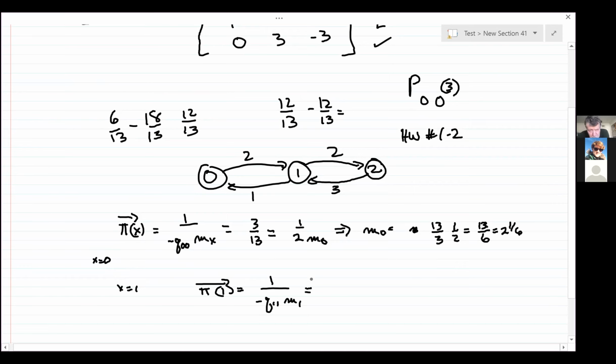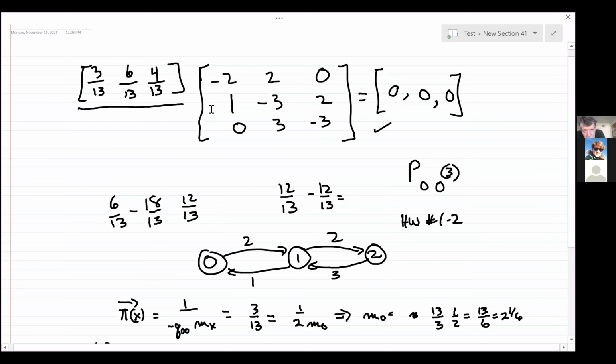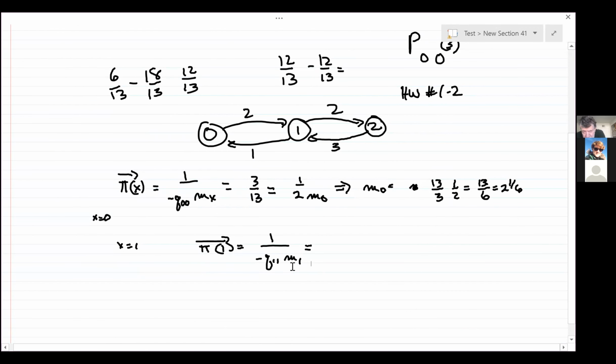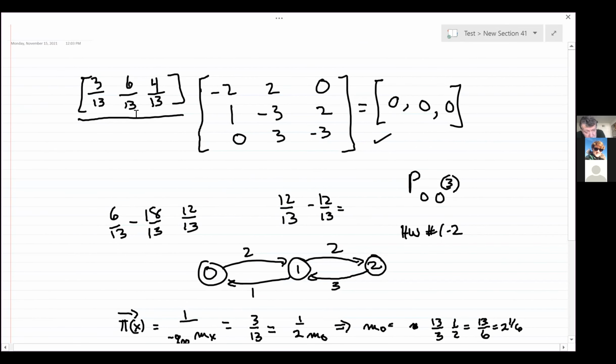And q11 can be found from the matrix. Q11 in this case is -3. So when you negate that, it just becomes positive 3 on the bottom. So this is 1 over 3m1. But on the other hand, pi of 1 from previous calculation was known to be 6/13.